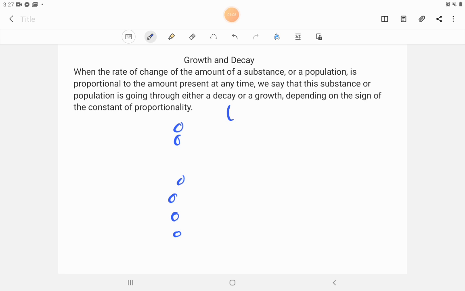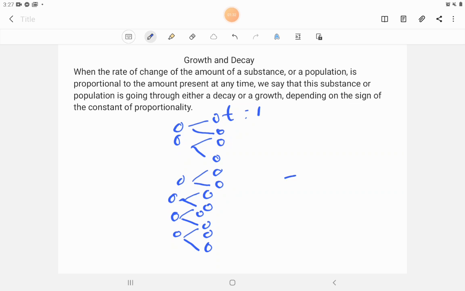at any given time, let's say at t equals 1, then for instance, if one substance or one organism at t equals 1 multiplies to 2 or produces another 2, so the more substance you start with, the greater the amount of substance you end up with at any given time t.